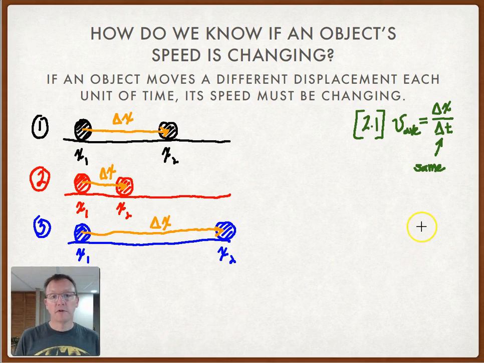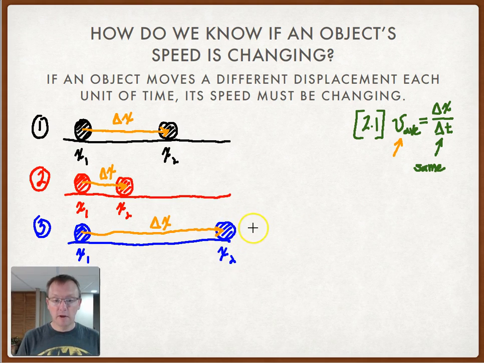And so my question for you is, which object has the biggest speed? Would it be scenario 1, where you have a medium amount of displacement, scenario 2, where you have a small amount of displacement, or scenario 3, in which you have a large amount of displacement? Hopefully you can see that since the displacement's on the top of the fraction, and the time is the same for all of them, this has the highest speed.